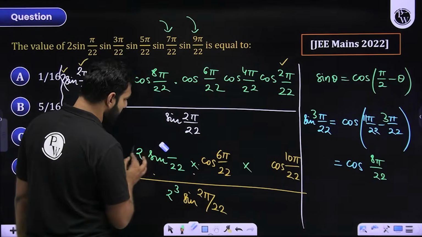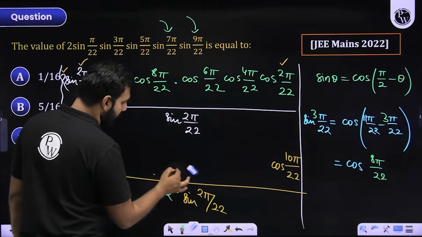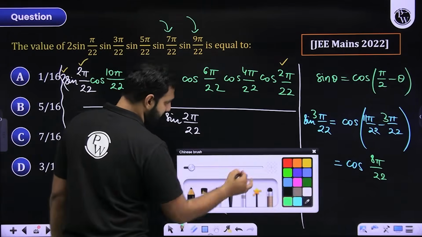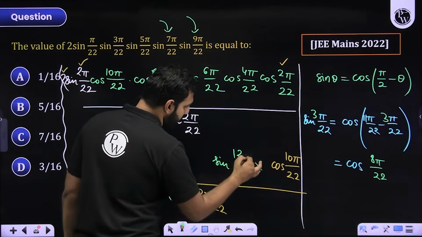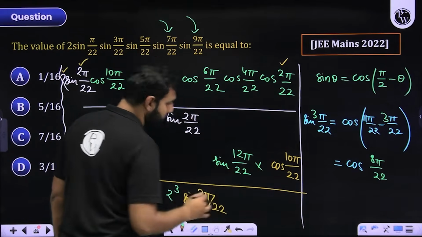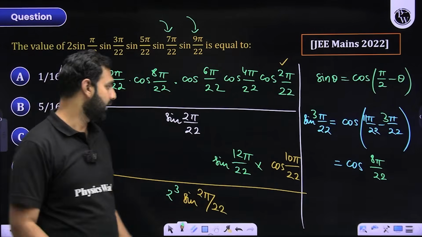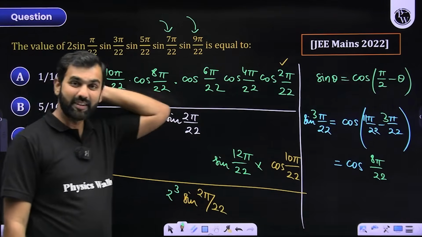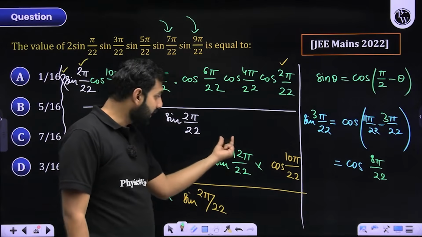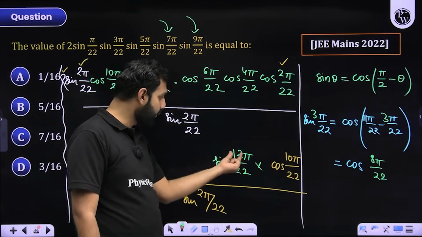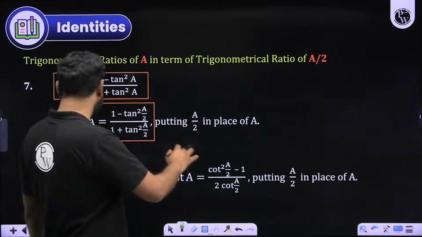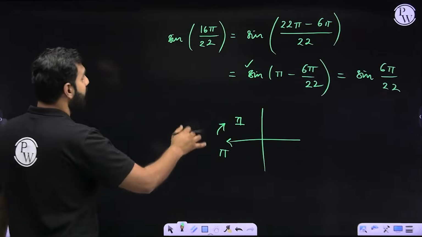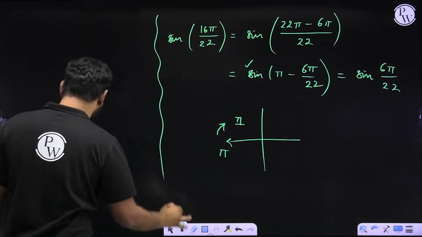So this has now become sine 12 pi by 22. The job is almost done. Again, 22 minus 12 is how much? 10. So can I not write 12 pi as 22 pi minus 10 pi, which will again give me the same result? In that same result, what am I trying to find?